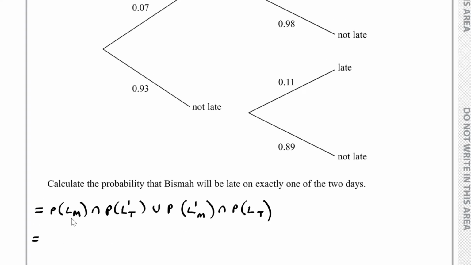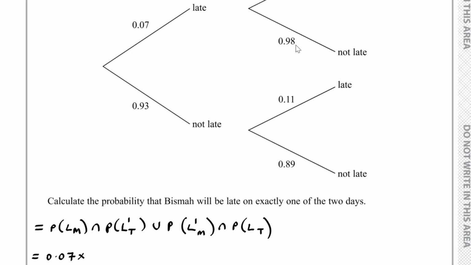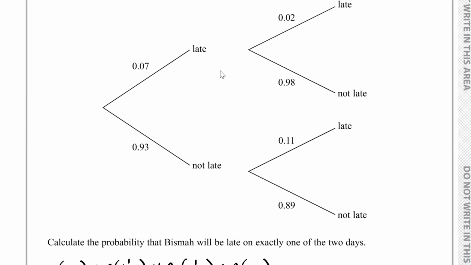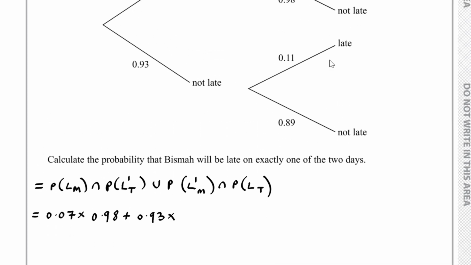So the probability that she's late on Monday, that's 0.07. The probability that she's not late on Tuesday, that's 0.98. The probability that she's not late on Monday, that's 0.93. And the probability that she's late on Tuesday, that's 0.11.